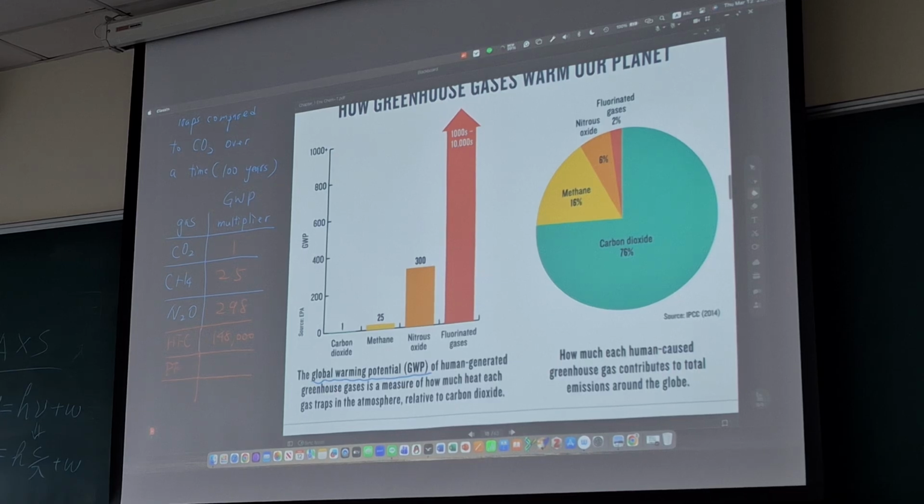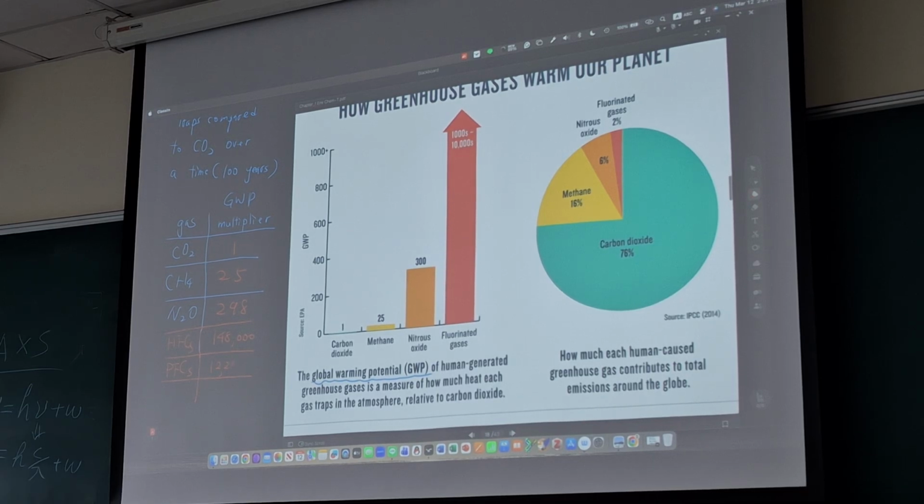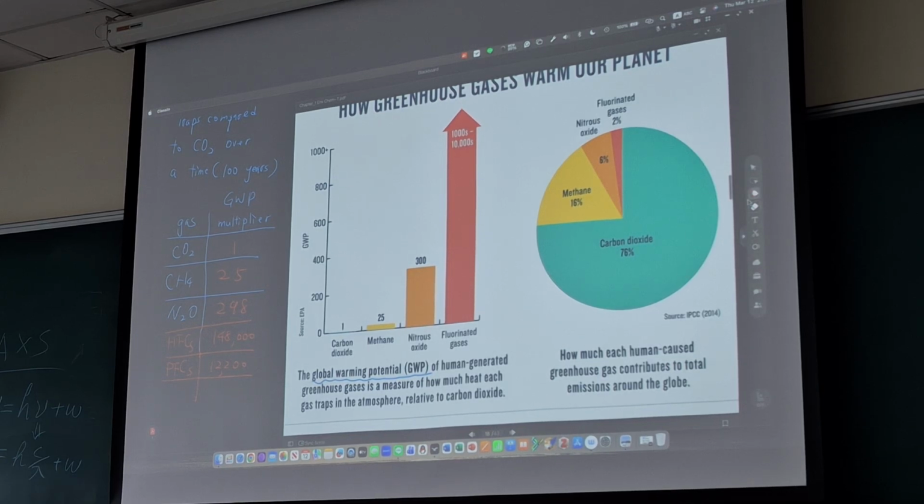And PFCs is 122, 12, 200. Sorry. And SF6 is going to be 22,800. You don't need to memorize those numbers, you just need to have a rough idea.